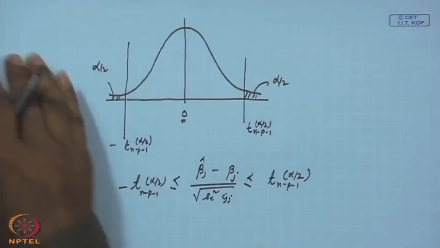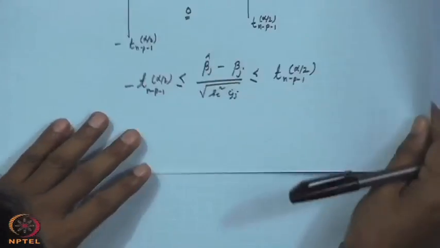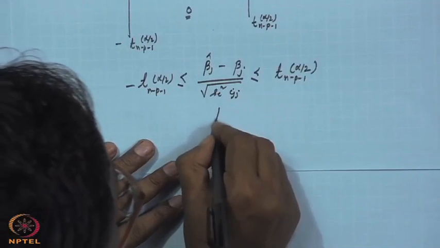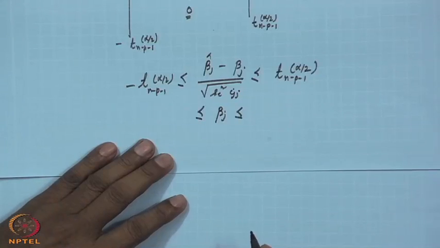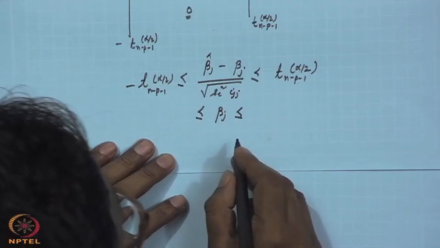Okay. So, now manipulate a little more. What you require to do then, you want beta j here, between less than or equal to and less than or equal to.